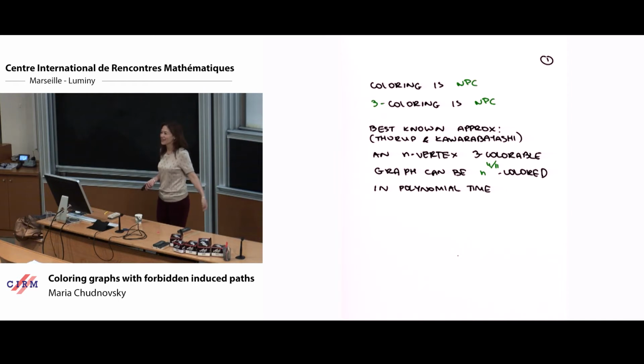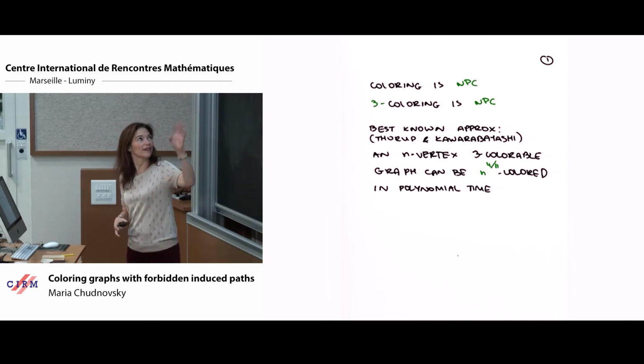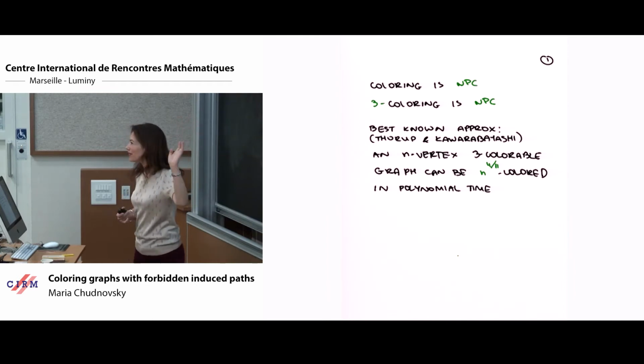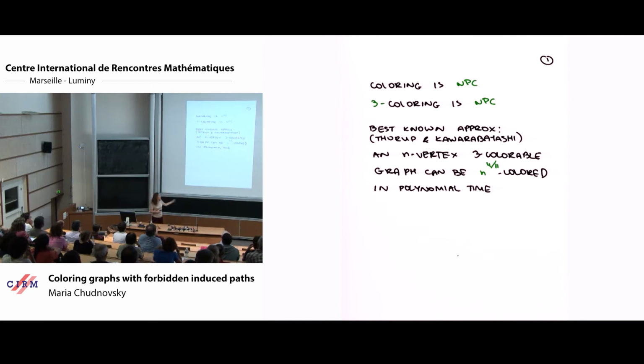All right, so just a two-slide introduction that probably nobody needs. Coloring is hard. It's NP-complete to determine if a graph can be colored with k colors, even when k is fixed, when k is not part of the input. And just for general impression, even to approximate coloring is hard.